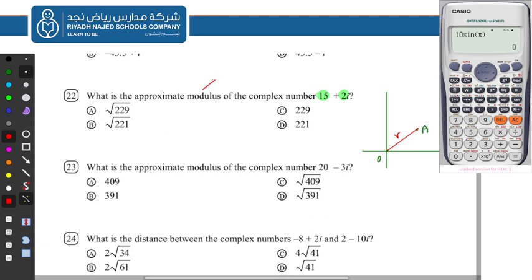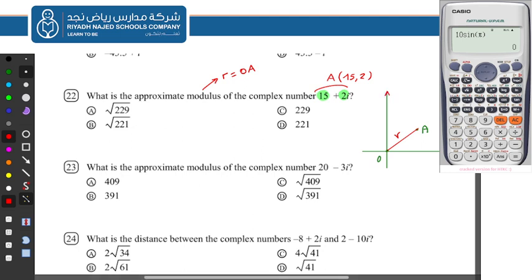So the modulus is the distance between the origin and the point. If we consider that this is point A, of course, the coordinates are 15, 2 here, as you already learned in the first question, 15, 2. This is the corresponding point. So this is the modulus, and you don't have to graph anything.